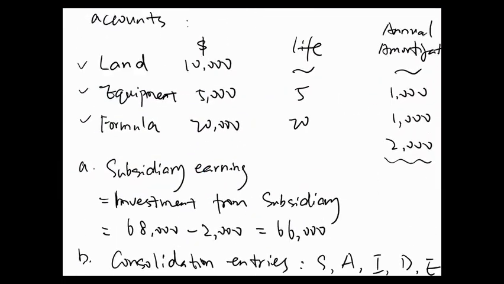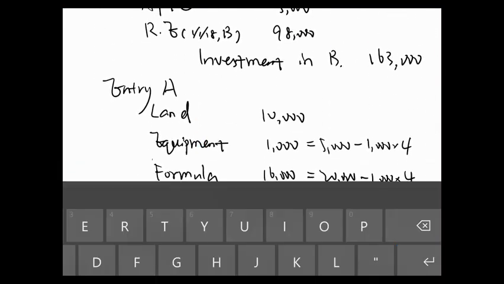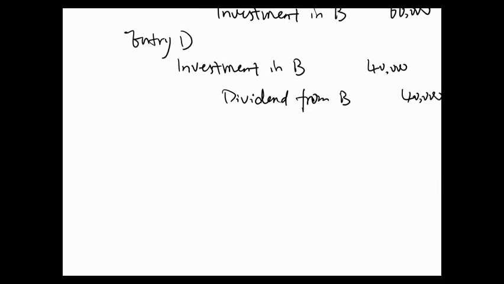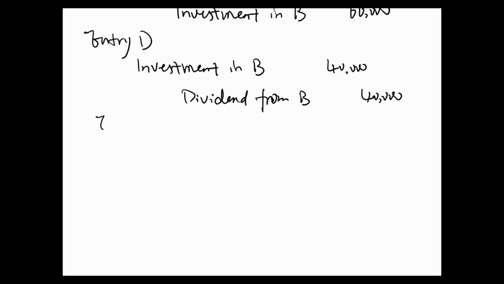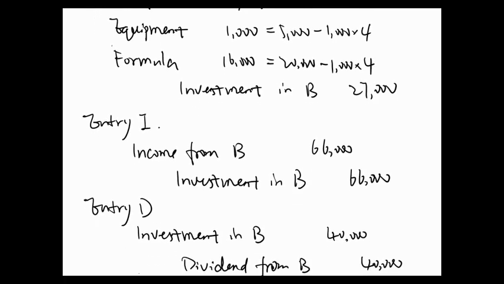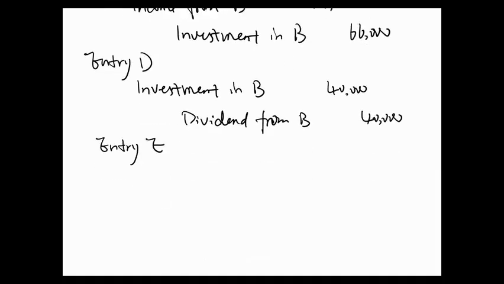And the last one is entry E. Entry E is to recognize the annual excess amortization. Here we have depreciation related to the equipment, and then there's amortization for the formula.